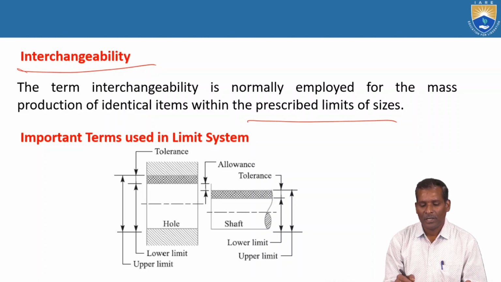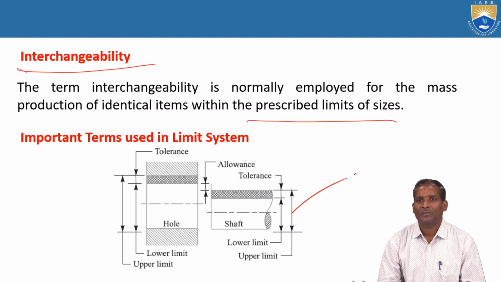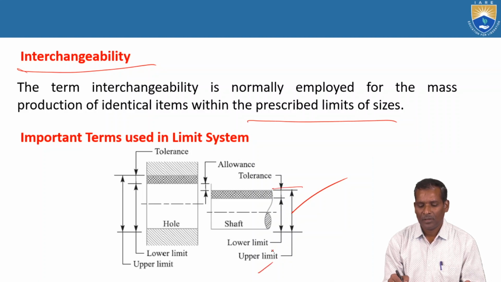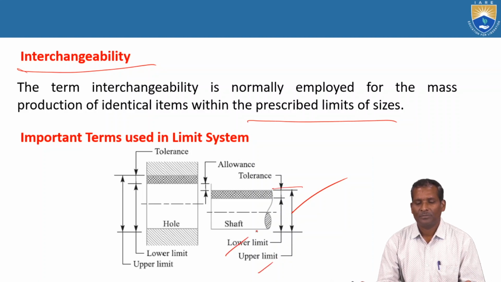Here in the figure, the hole dimension and shaft dimension are shown. The shaft has an upper limit and a lower limit. The difference between the upper limit and lower limit is called tolerance. What do you mean by allowance?